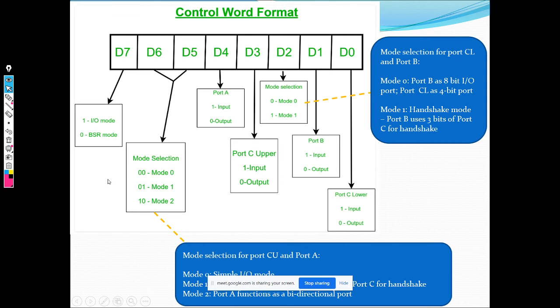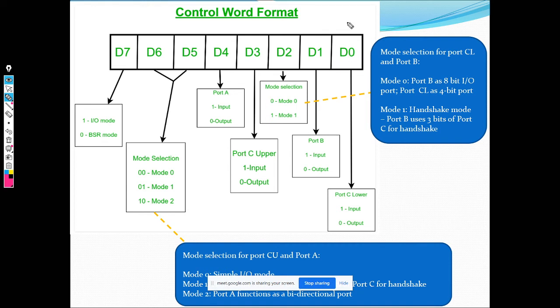So as I said, you can configure these ports based on this control word. This is the control word. It's 8-bit again. It goes from D0 all the way to D7.